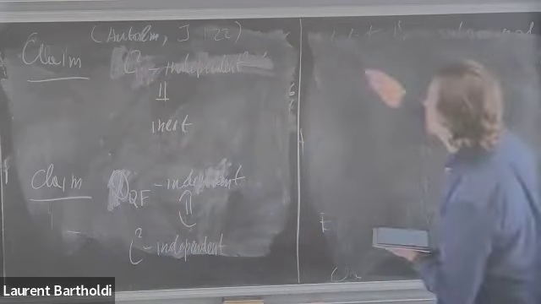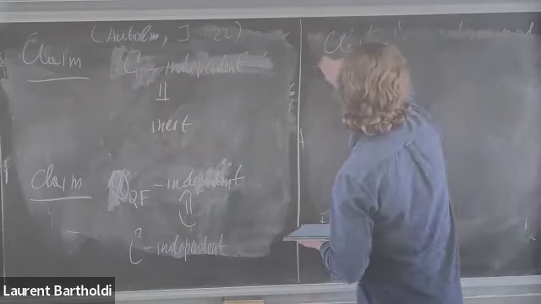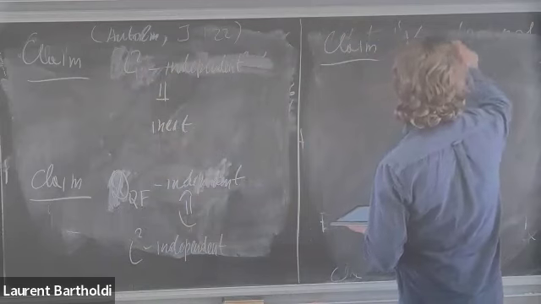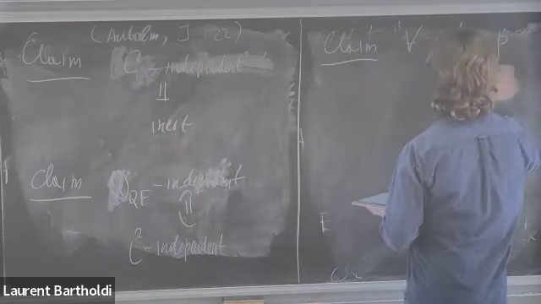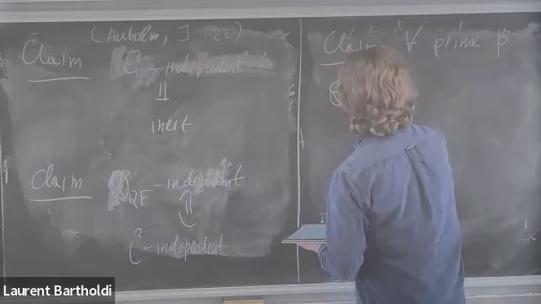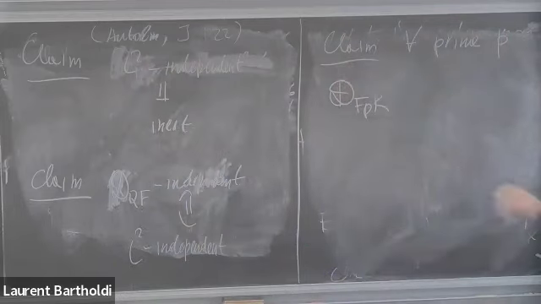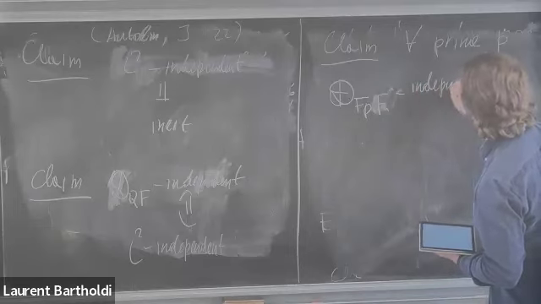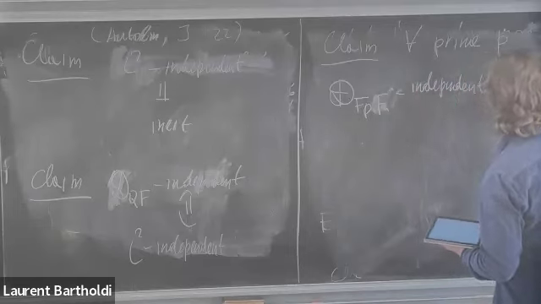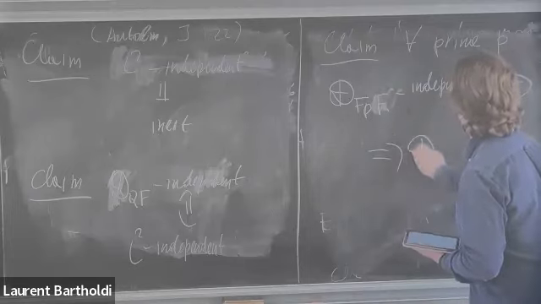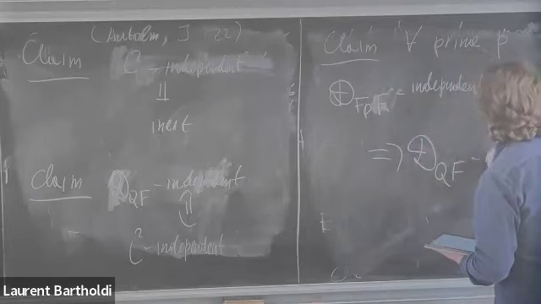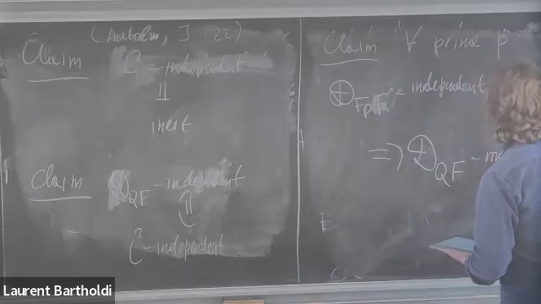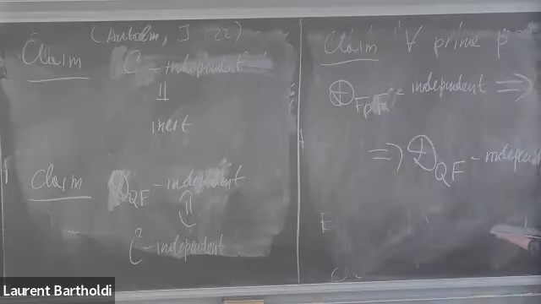And the last implication is that prime p also has the consideration of F independent. This implies there is a way to show that independence in characteristic p is stronger than in characteristic zero.